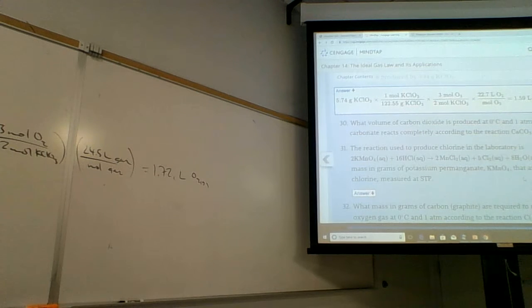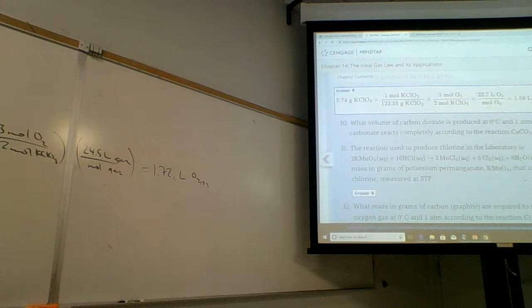So at 1 bar and 298 Kelvin, it is 24.8 liters per mole. A bar is a little bit smaller than an atmosphere, so the gas can expand a little bit more, by 0.3 liters.